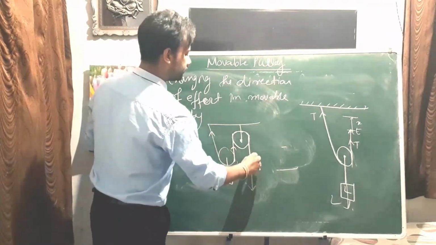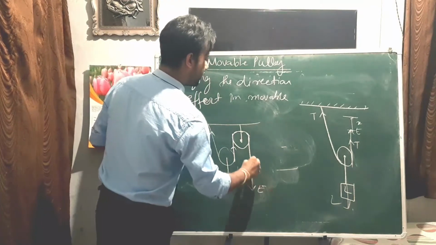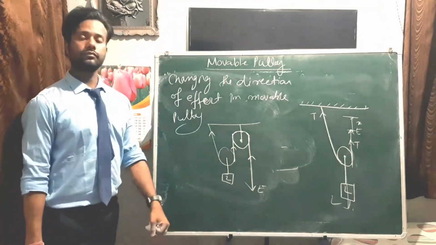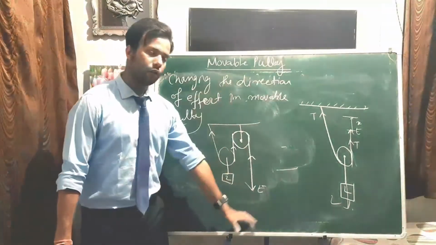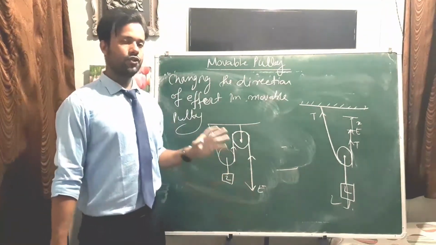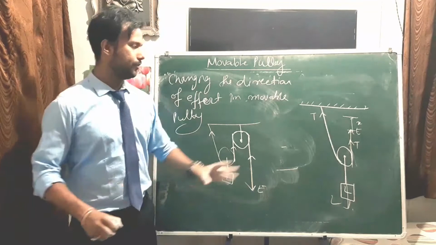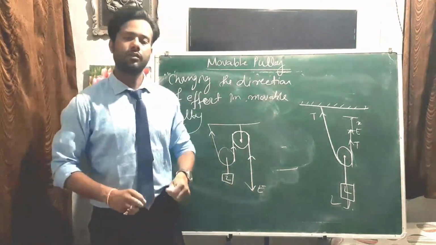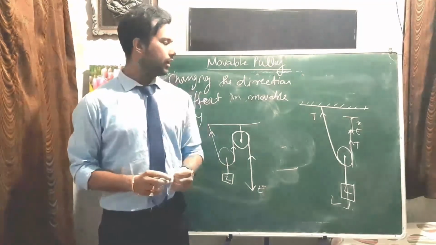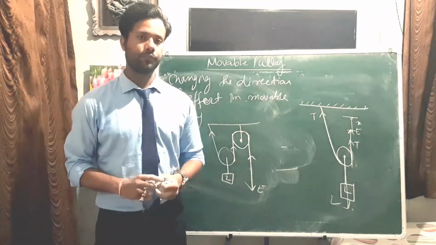Here's the tension, and now we are applying effort here. So now in this case you can see that we are applying effort downwards, right? So we have changed the direction of effort. In the earlier case we were applying effort upwards. Okay. So here we have seen the single movable pulley.